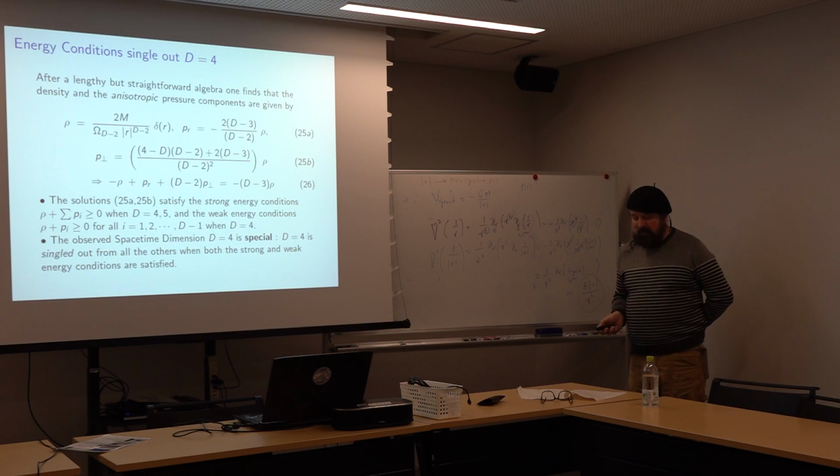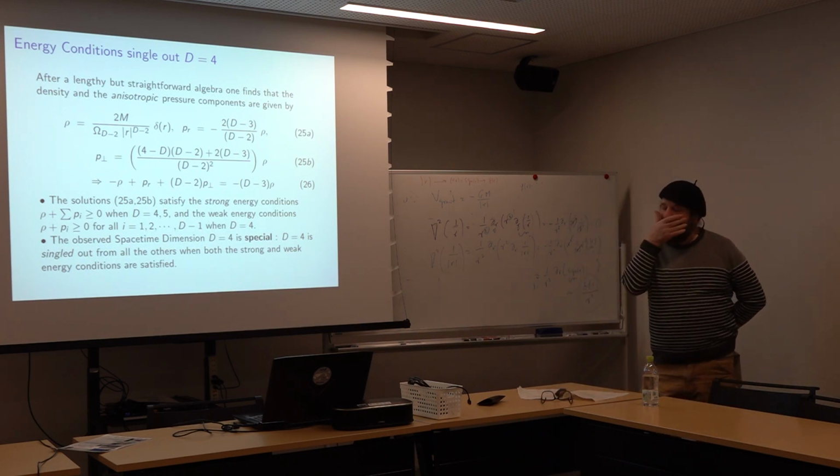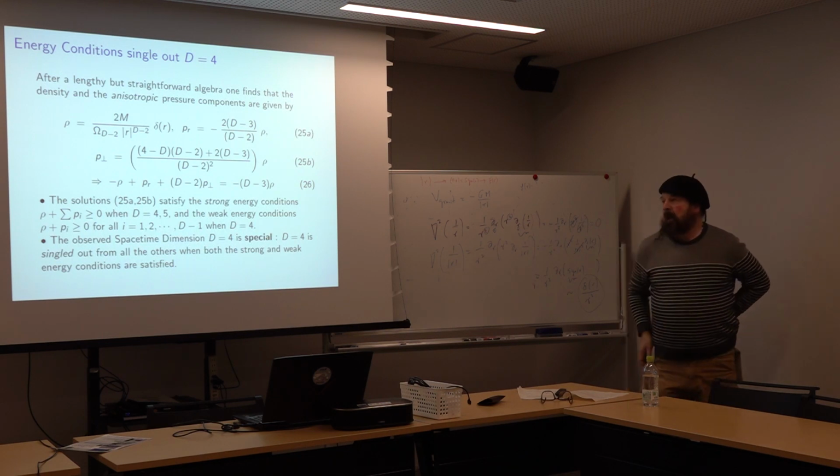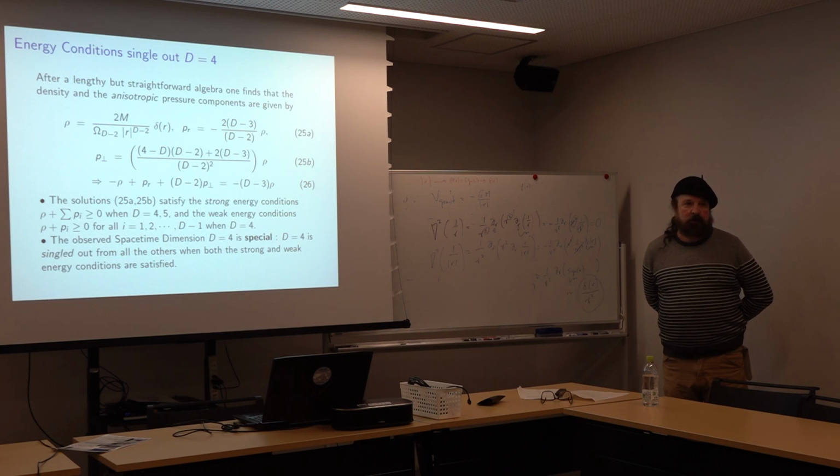Because remember, in string theory, when you look at the bosonic string, you end up with so-called quantum conformal anomalies, except in 26 dimensions. So 26 dimensions is singled out in bosonic string theory when you want to cancel the conformal quantum anomalies.